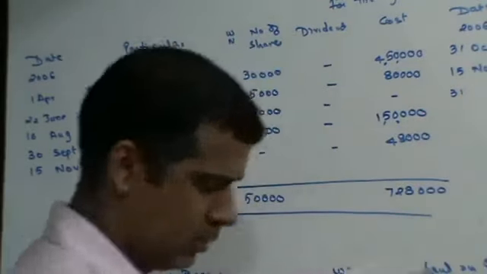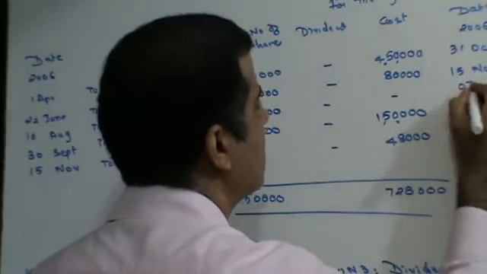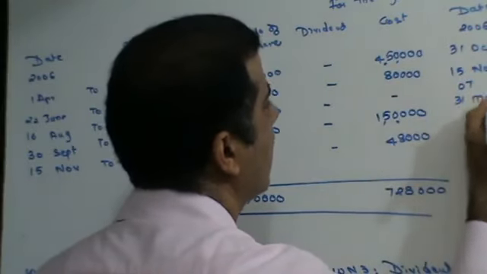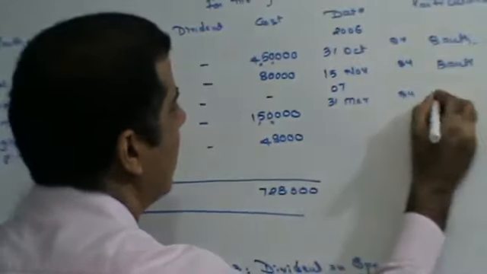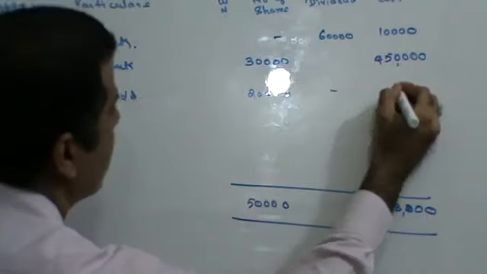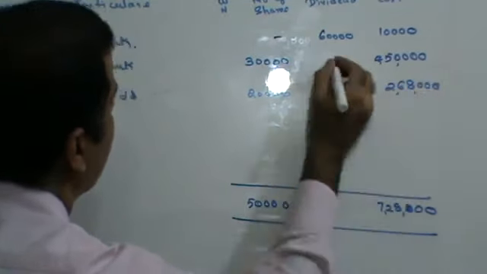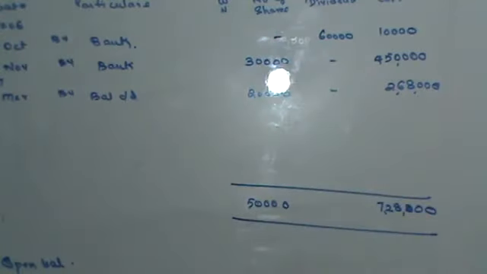You're closing the year on 31st March 2007. On 31st March, by balance carried on. Someone please get me this. This is going to be 20,000 shares, and you said how much is this? 268. Right? Tally the dividend account.